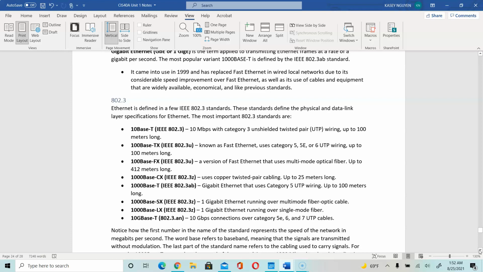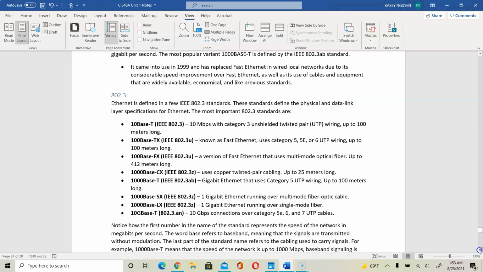So remember what I said, the number in the front represents the speed, then it would represent whether it's broadband or baseband, and then it will represent the medium by T, TX, LX, CX, etc. So here gives you the comparison.